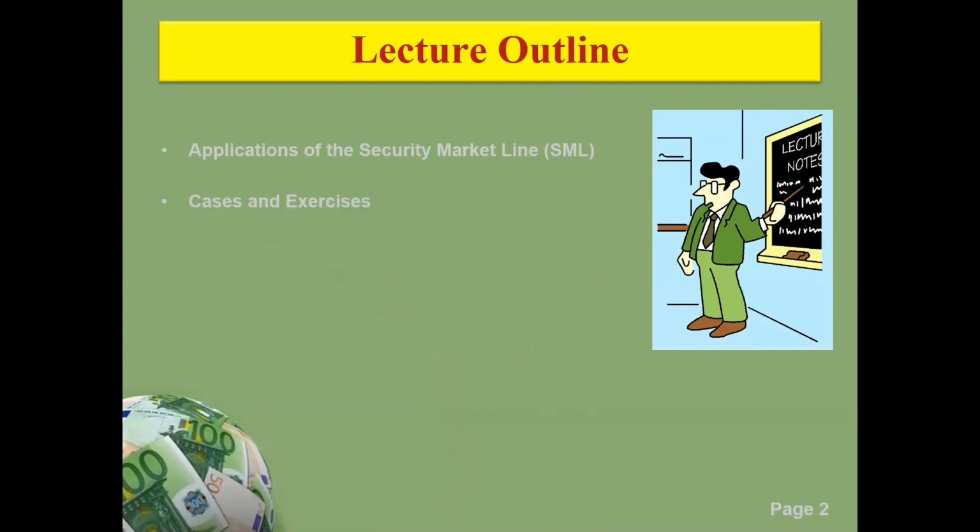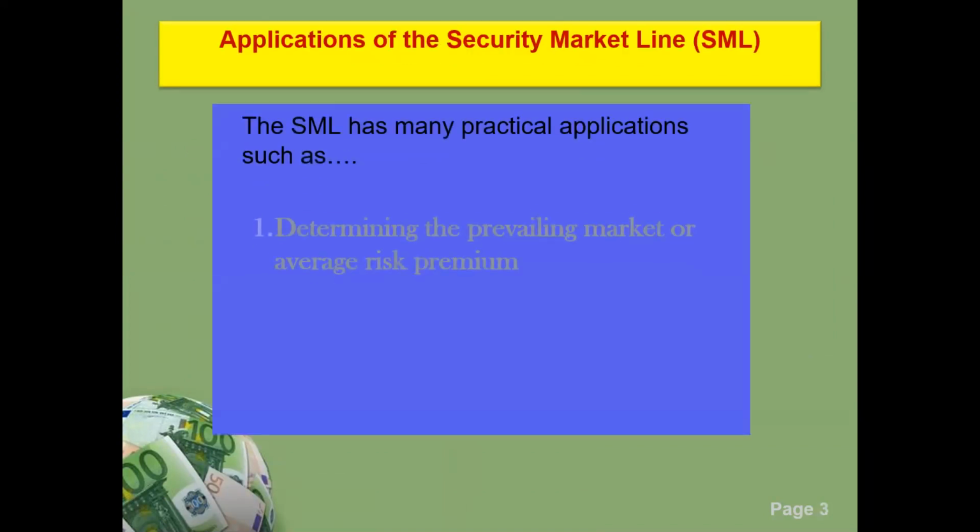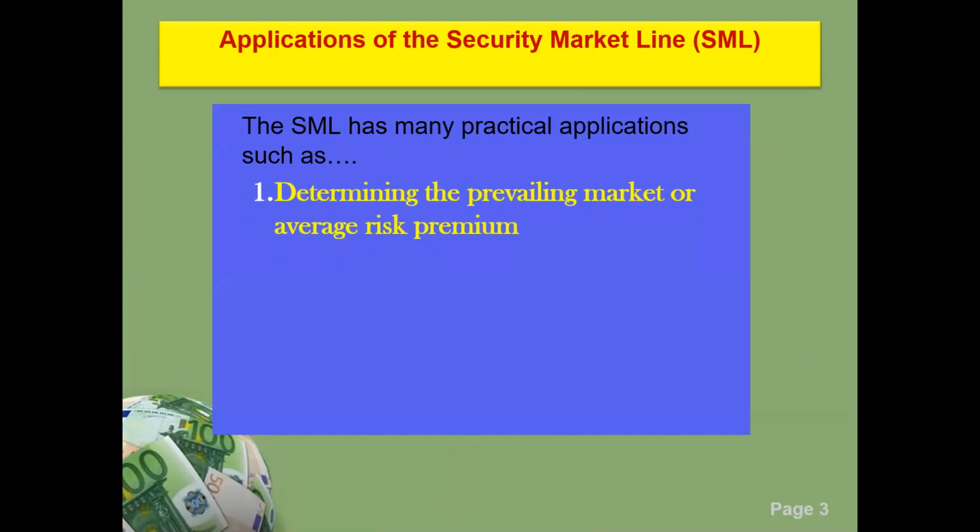Basically, the capital asset pricing model helps us find many things. It helps us find the missing information relating to any of the elements which are part of the capital asset pricing model. It helps us see how good our stock is, its attractiveness. Some stocks are very attractive to invest in, some are less attractive.